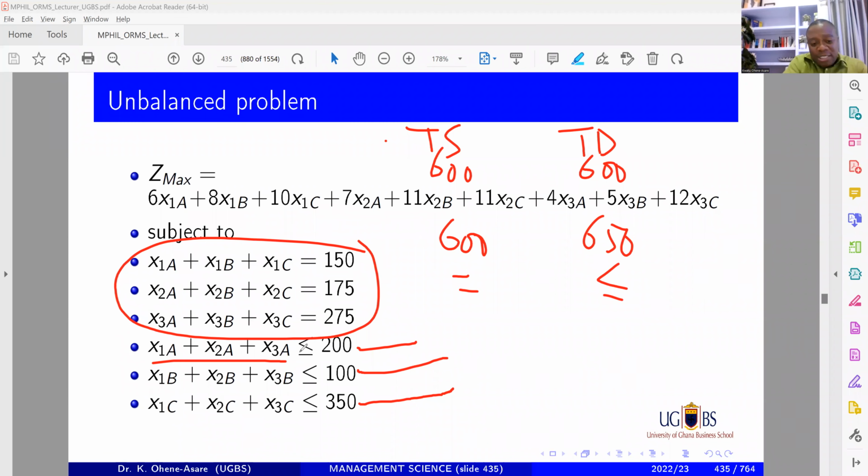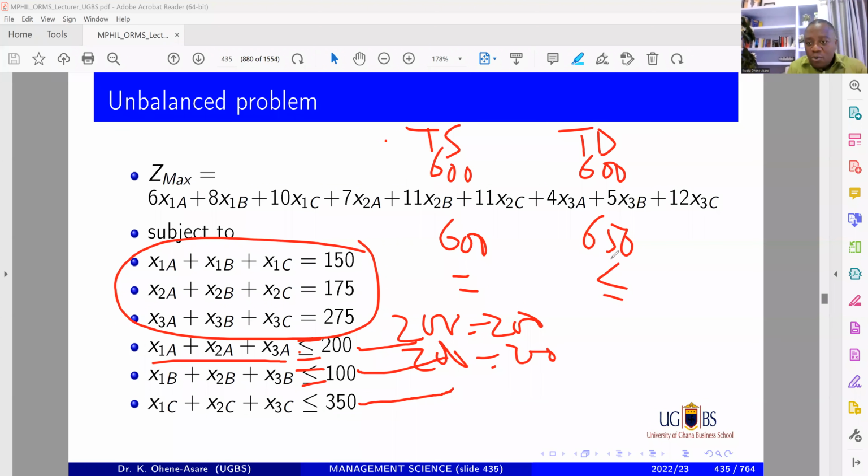Now let's say this one is equal to, and let's say the second one is equal to. Then I will expect this one to be less than, and I'm talking about the things on the left. So if the things on the left-hand side here are equal to, then what it means is that for this one, we have 200 equal to 200, and for this second one, if it is equal to, we have 200 equal to 200.